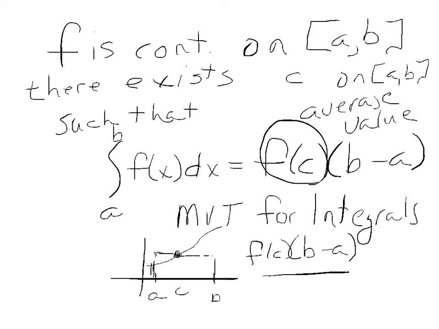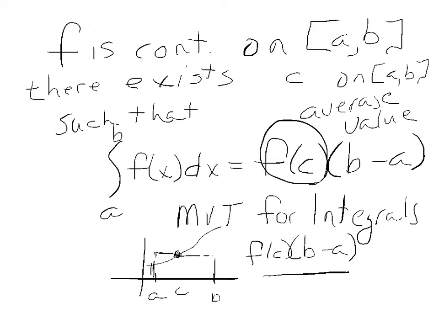Remember, when we find an integral, if we think in terms of Riemann sums, we're adding areas of rectangles. It's accumulation. We can sometimes think of an integral as an accumulation.